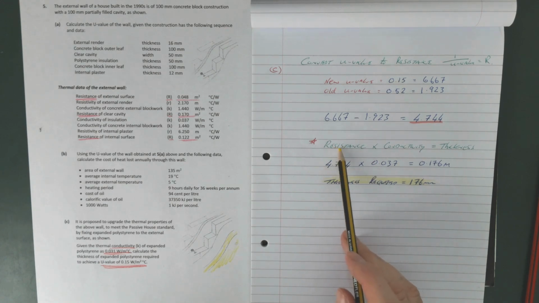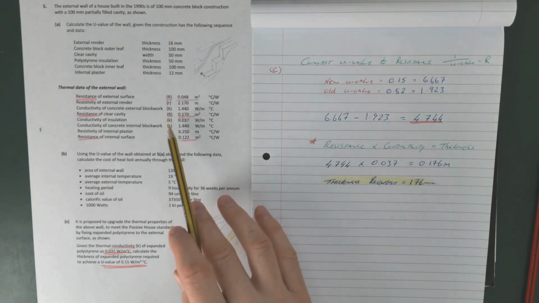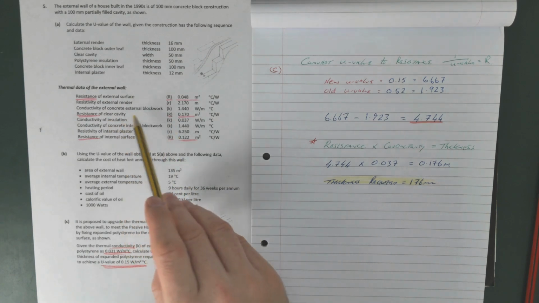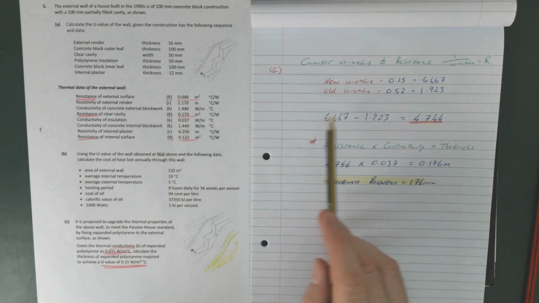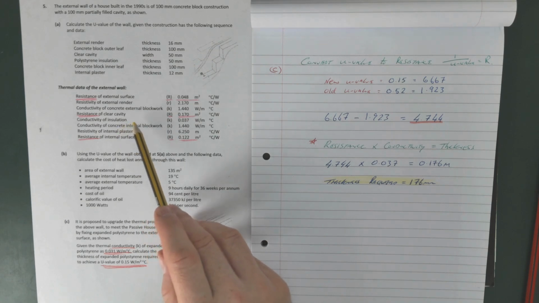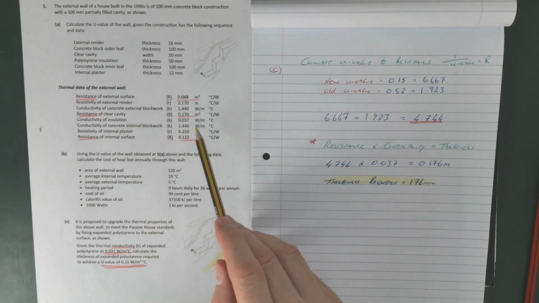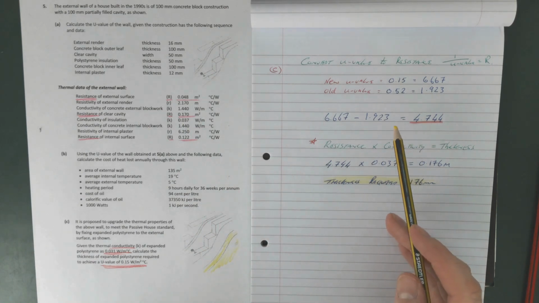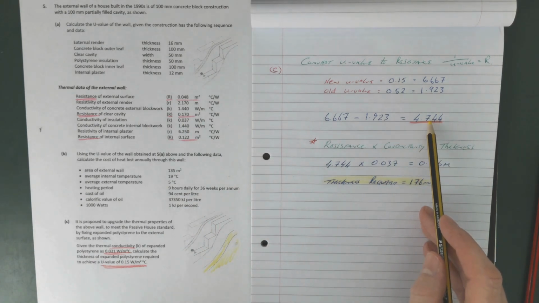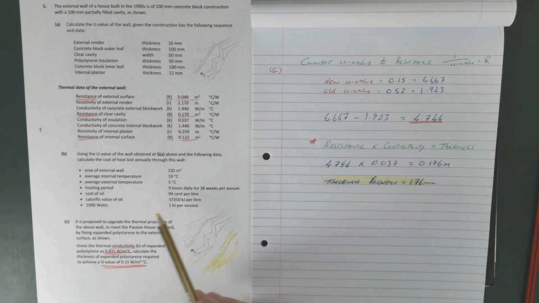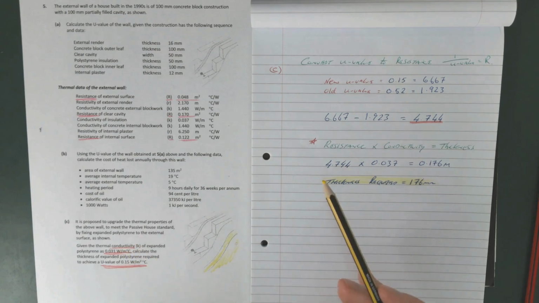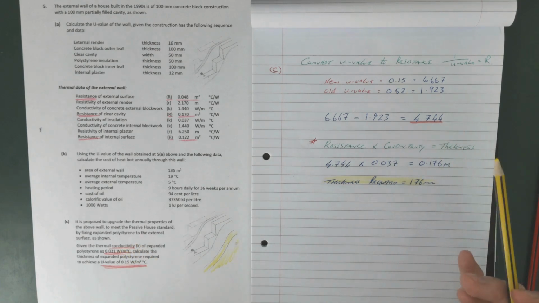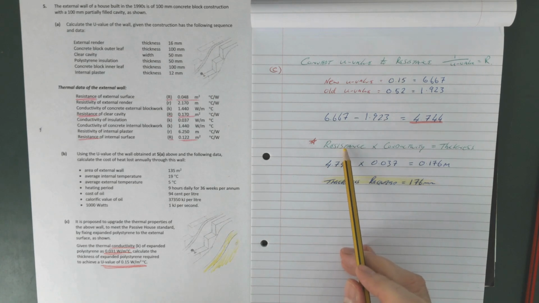Thinking back to these tables, to find the resistance we did thickness divided by conductivity equals the resistance. Here we have the resistance and the conductivity from the question, so we need to find the thickness. It's the same thing, just worked from a slightly different angle.